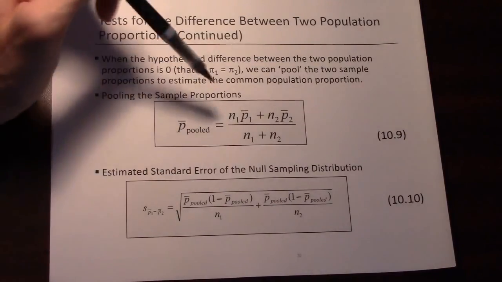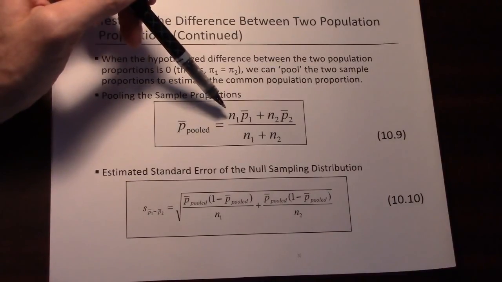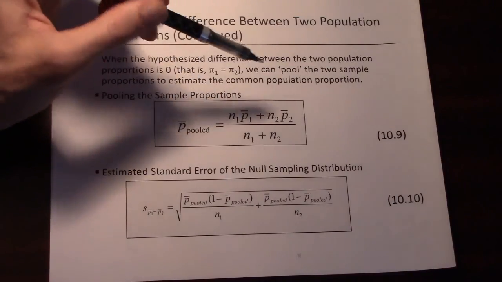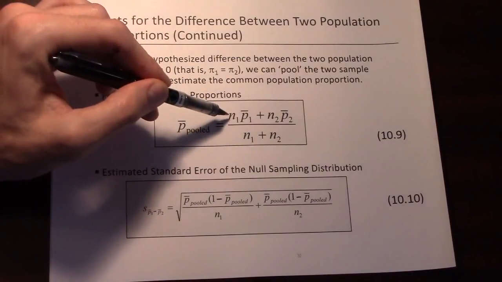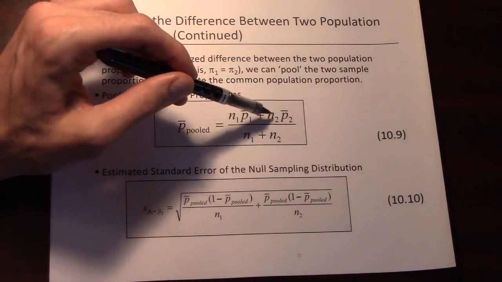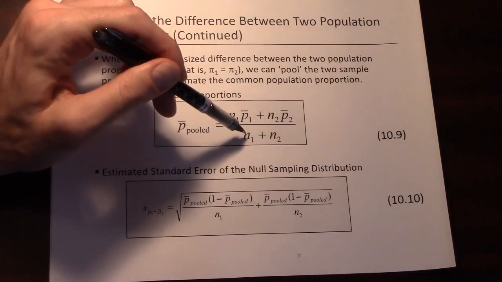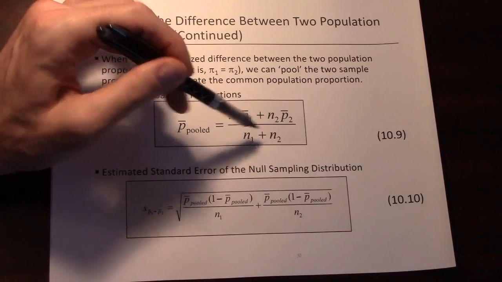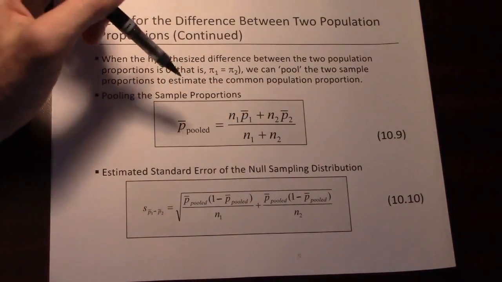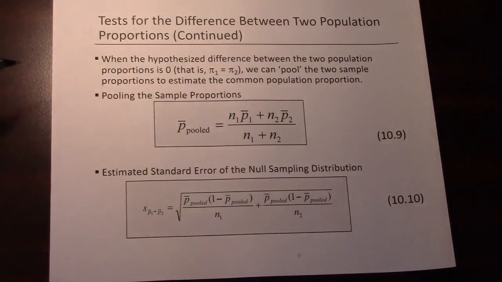And this formula here is just a weighted average formula. So, all right, number of men we ask times the proportion of men who support Donald Trump plus number of women we ask times the proportion of women who support Donald Trump, divided by the total number of people we asked, is going to give us our weighted average for sample proportion.